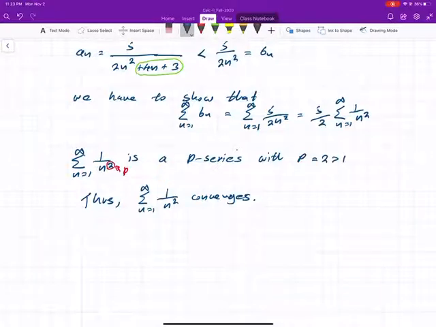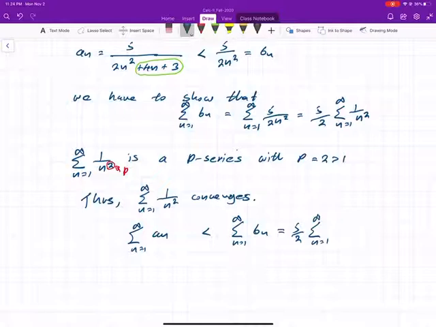I'm going to write sigma an, then sigma bn, n goes from 1 to infinity, and this is 5 over 2 sigma n goes from 1 to infinity 1 over n square. You know that converges.